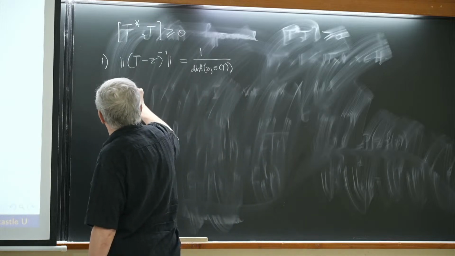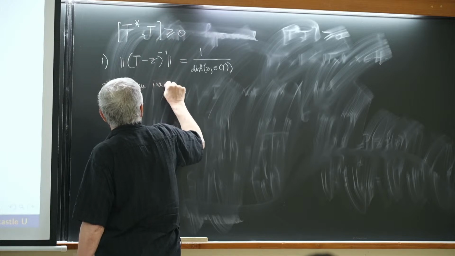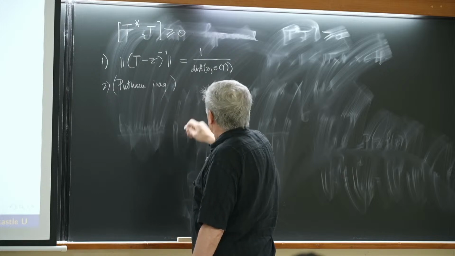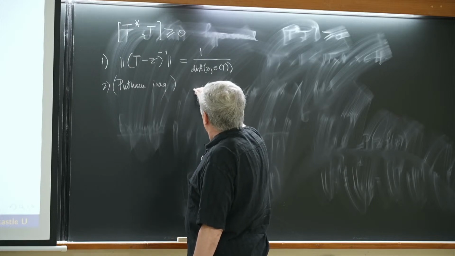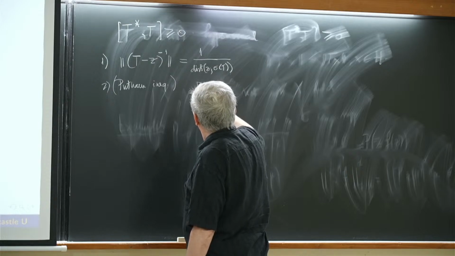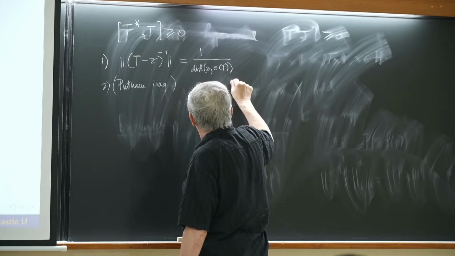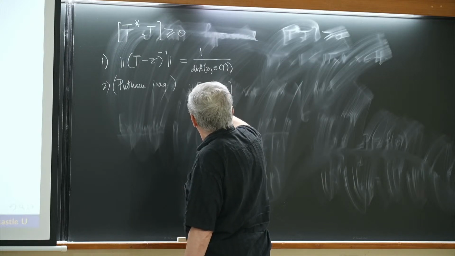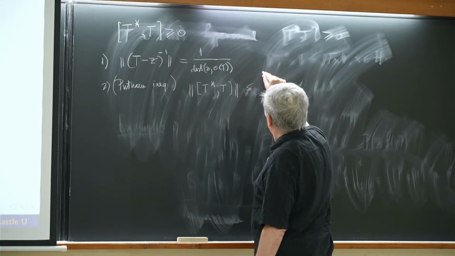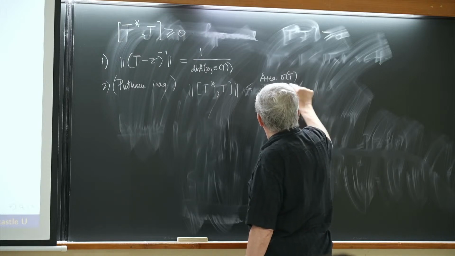Second, this is the Putnam inequality: the norm of the self-commutator is less or equal than the Lebesgue area of the spectrum divided by pi.